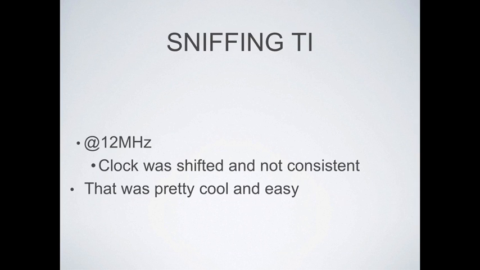Sniffing the key when the TI chip was set at 12 megahertz, the clock was shifted and it wasn't consistent, and you could see that some of the data wasn't right underneath the clock, which was kind of an indicator.